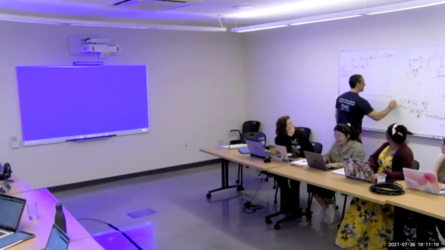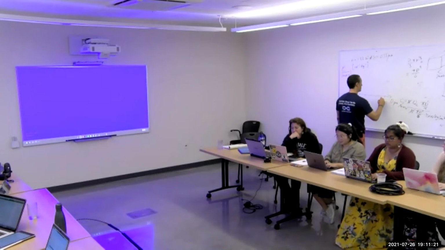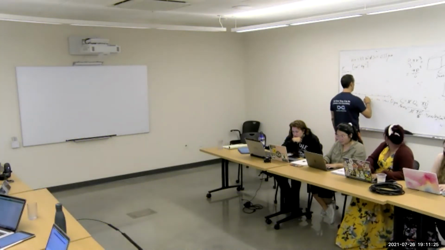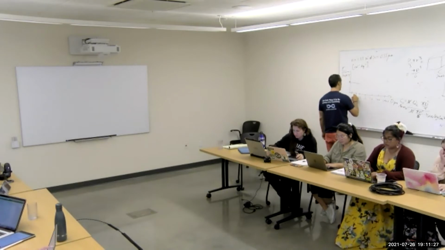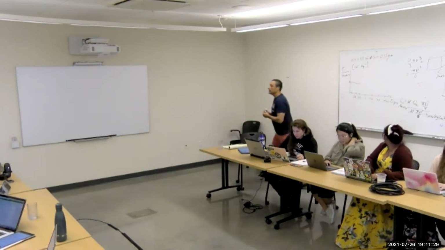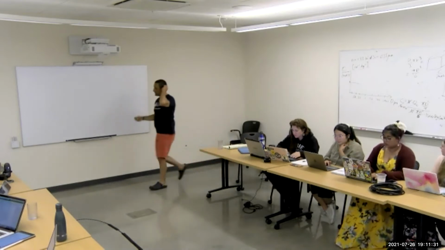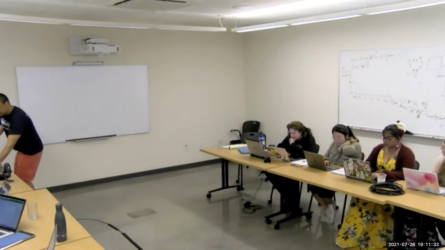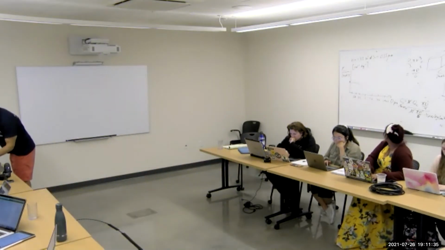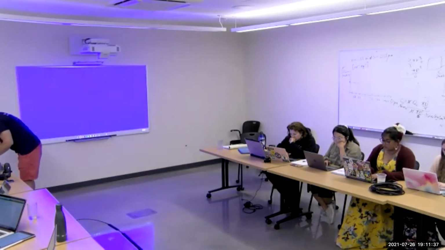Then we have 1,000, 100, 10, 1.41. Oh, I forgot to multiply it by 1,000 with the denominator. That makes more sense.